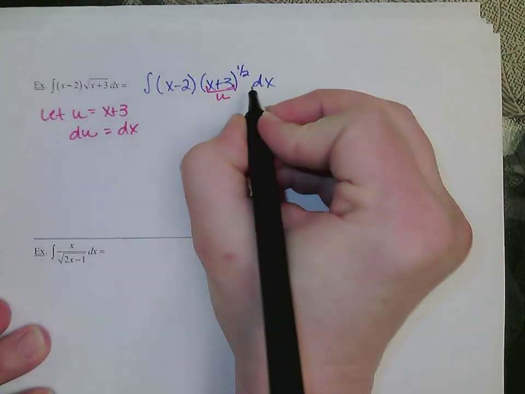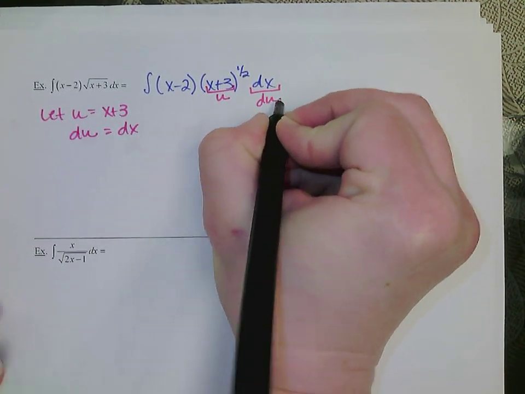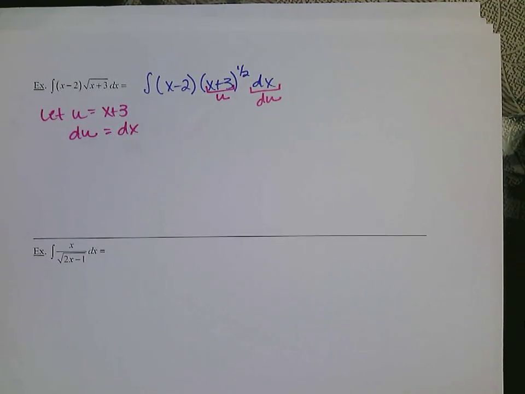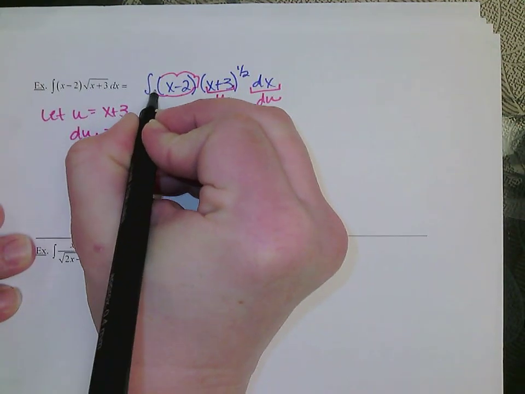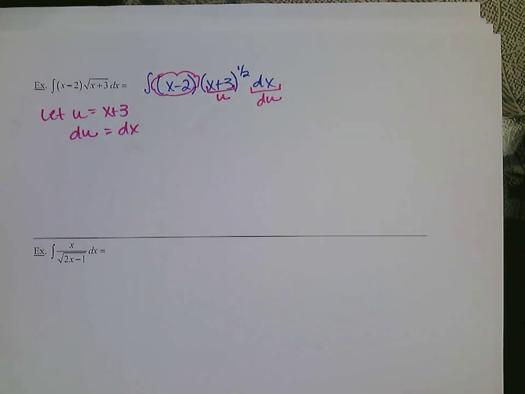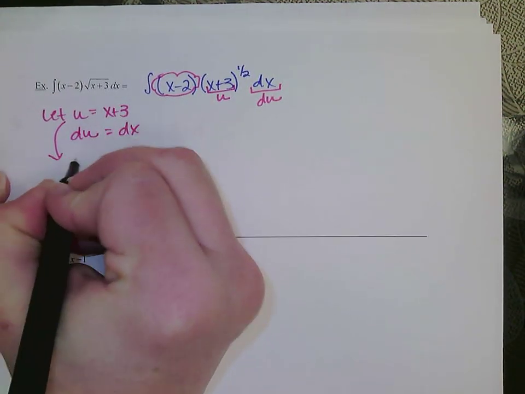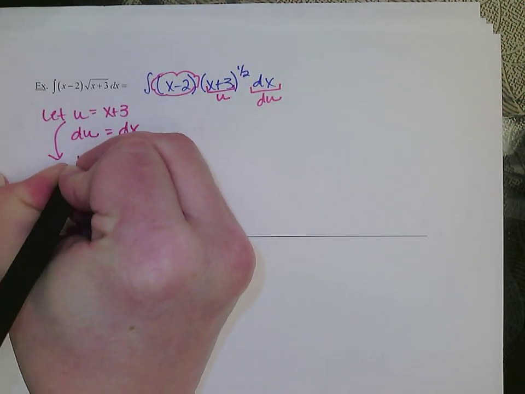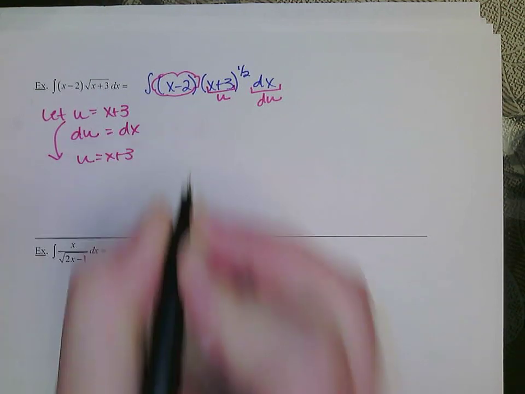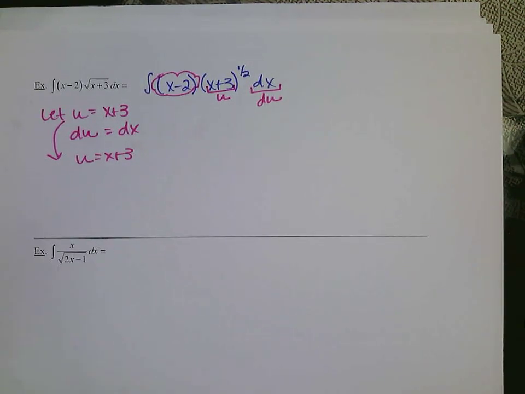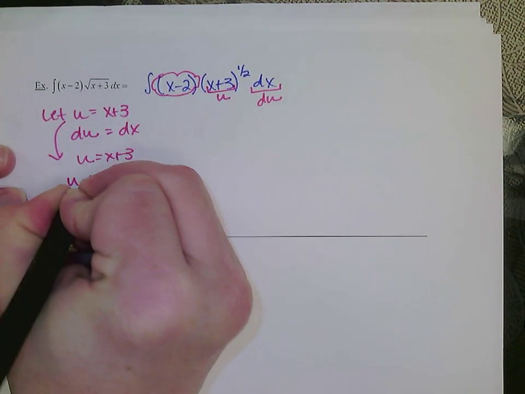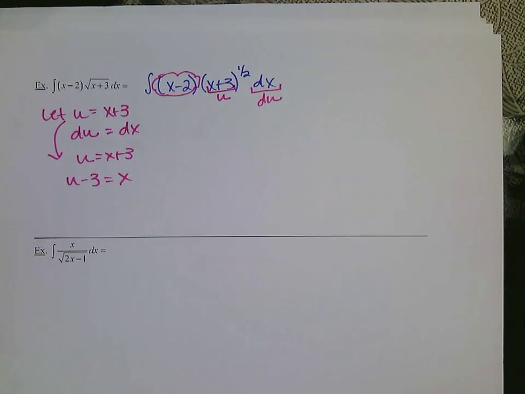du, but then we have the same problem that we had before. We've got this x minus 2 that we haven't changed. But we do know that u is x plus 3. So then x would be u minus 3.